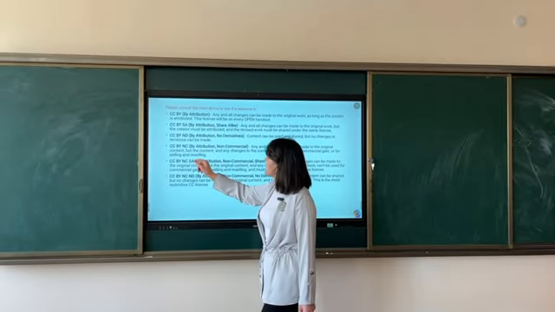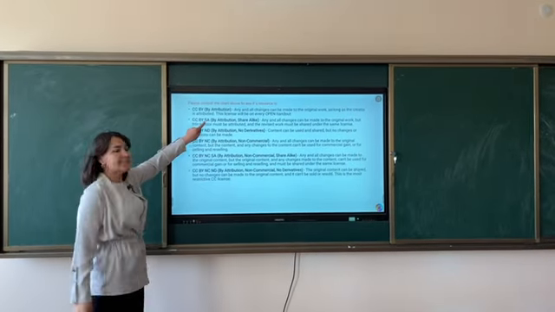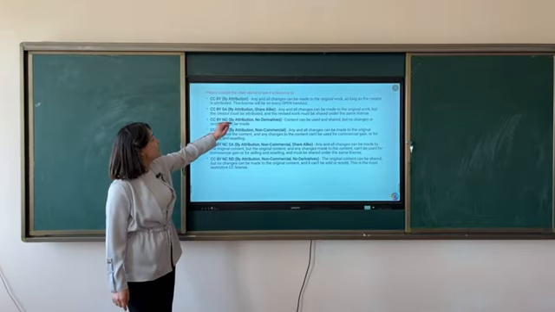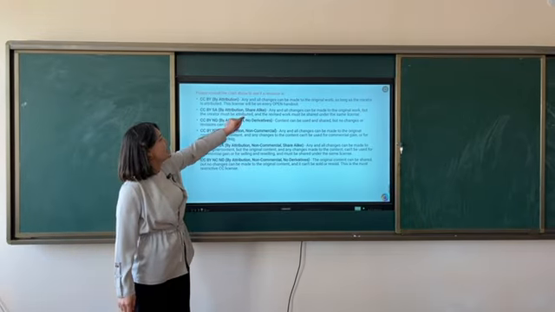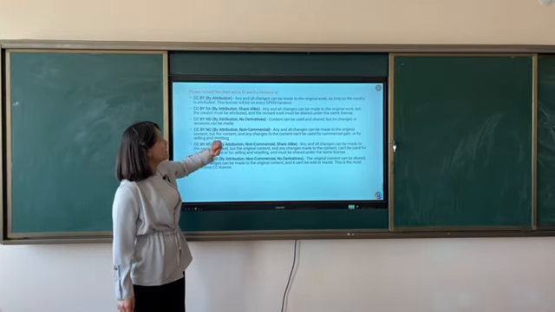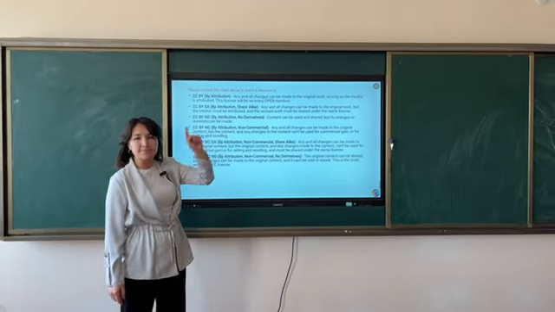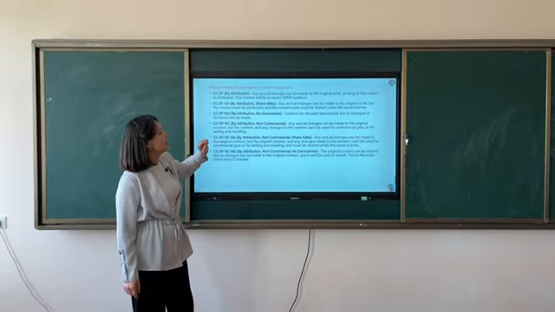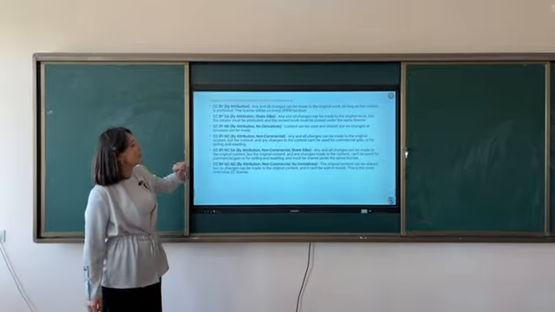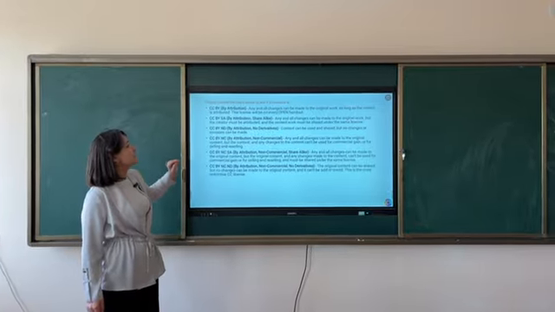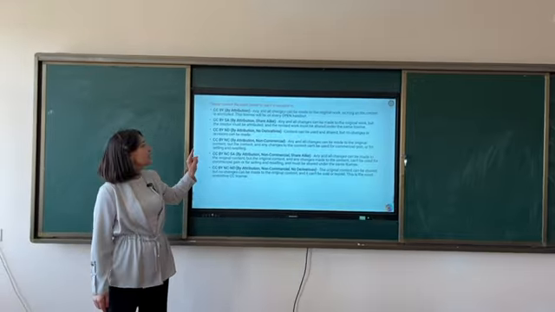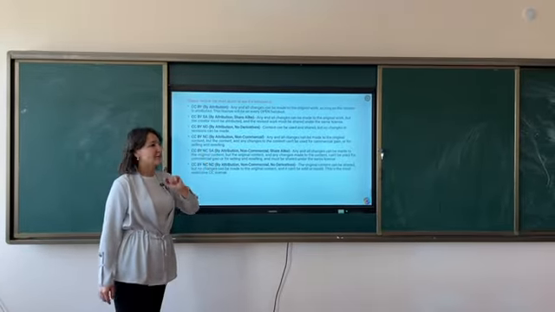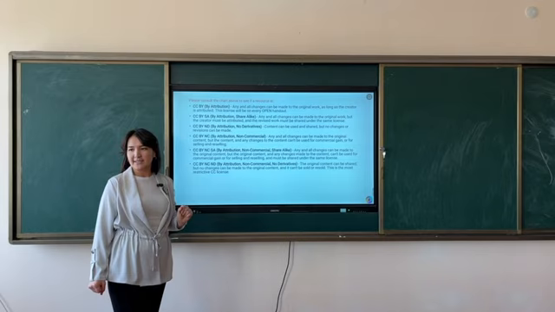The second one, CC BY SA. You see this kind of symbol? This is attribution and share alike. Any and all changes can be made to the original work, but the creator must be attributed, and the revised work must be shared under the same license.